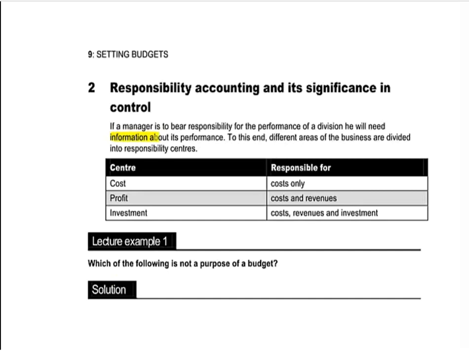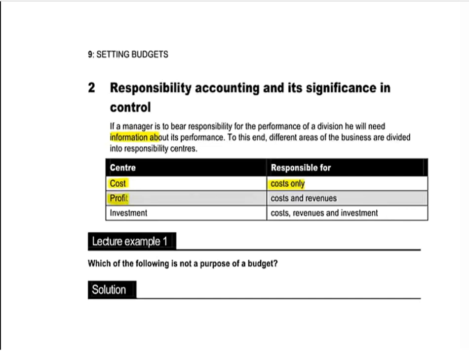And businesses will be split up then into different types of responsibility centres, and what they're responsible for will vary. So in a cost centre then, for example, a service centre, the manager will be responsible for controlling and keeping costs down as low as possible while maintaining the level of service.